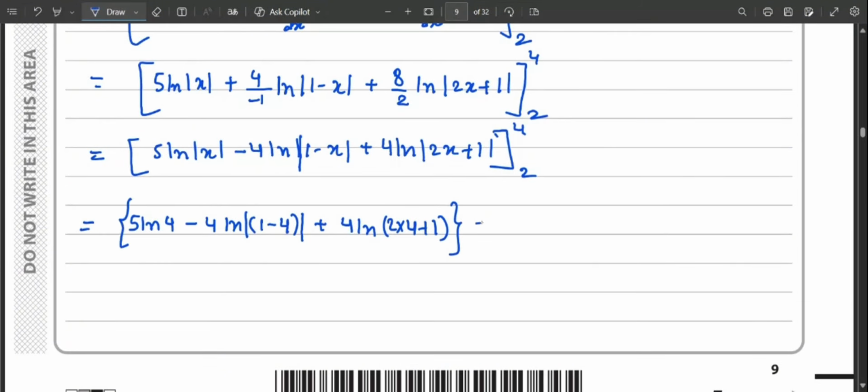This is our first expression, and we will subtract 5 ln 2 minus 4 ln of 1 minus 2, plus 4 ln of 2 into 2 plus 1. So this is our expression for the definite integral. Calculating this will give us the value of the integral.